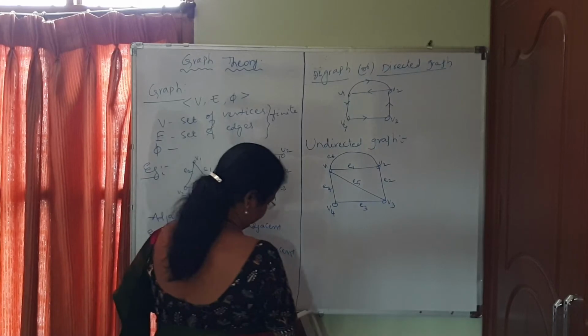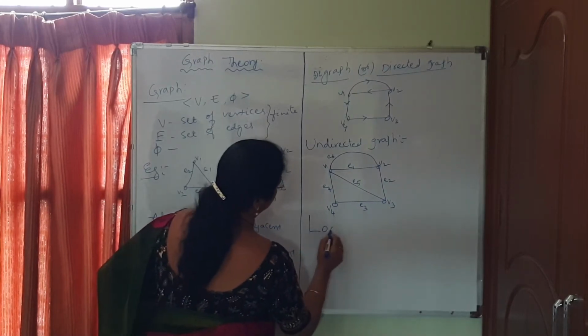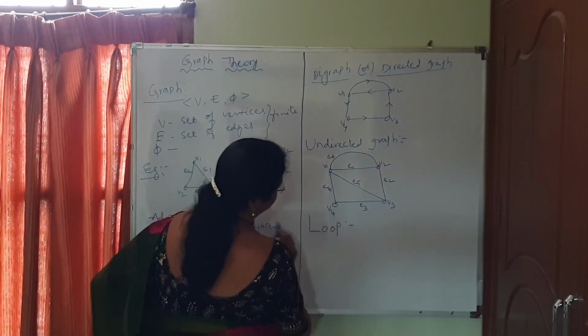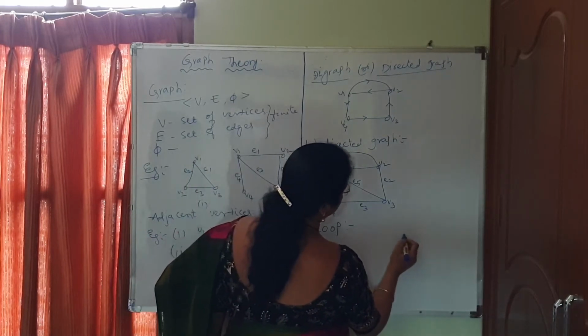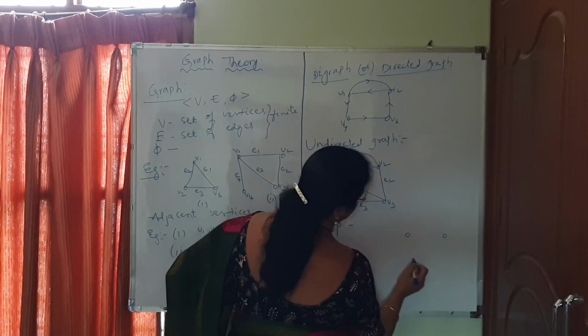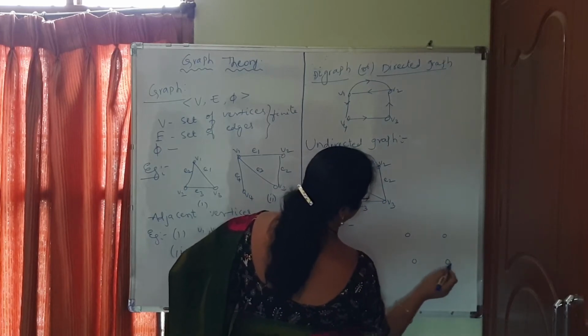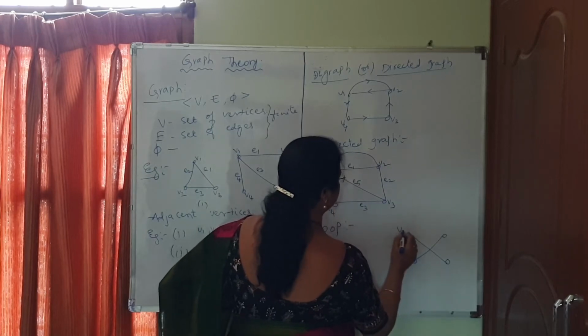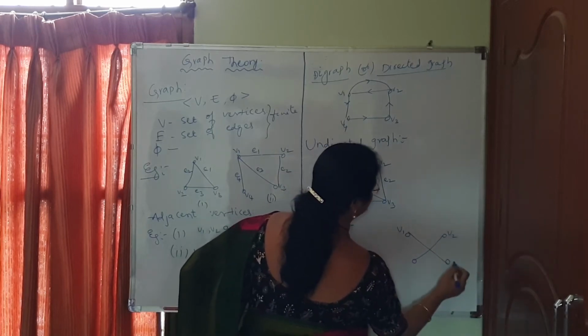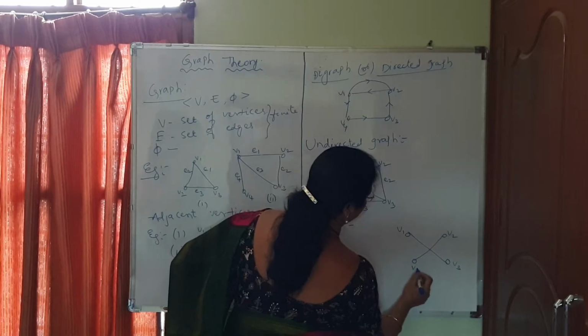Next, loop. What do we mean by a loop? If for any vertex, the edge starts and ends at the vertex itself, then we call that a loop. These are the vertices V1, V2, V3, V4.